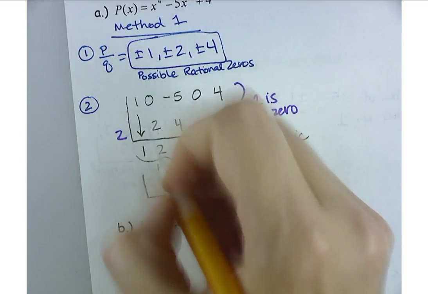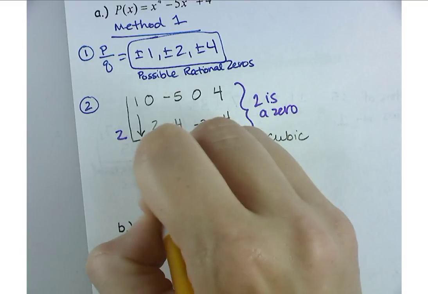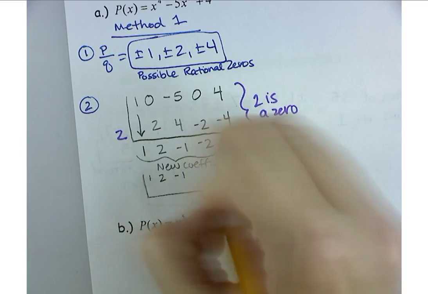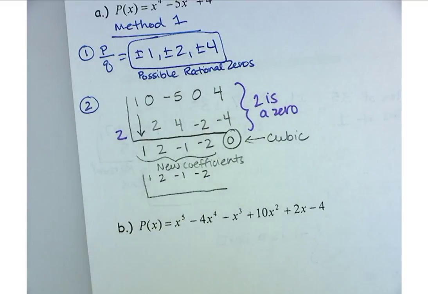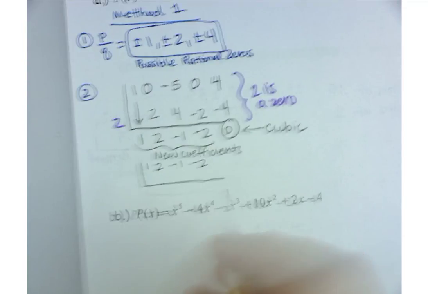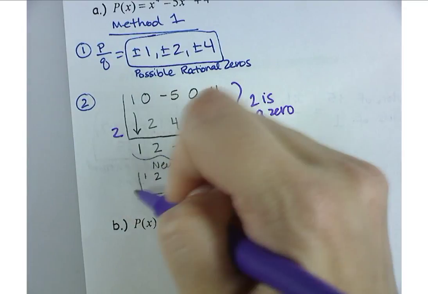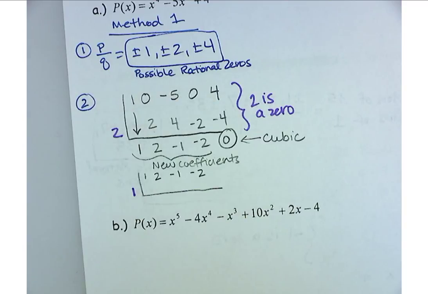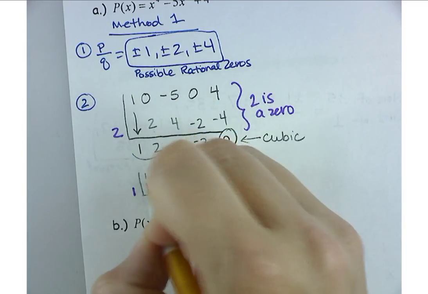Okay, so my new coefficients are going to be 1, 2, negative 1, negative 2. You do not use the 0. So all I did is I took these coefficients, I'm using those again. And then you guys said that you wanted to try 1 as a 0, as that was a different one.